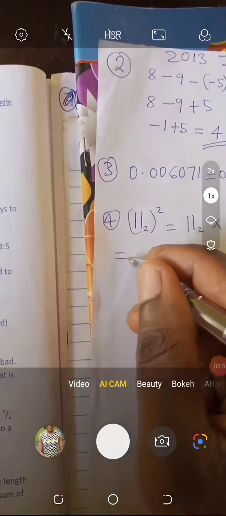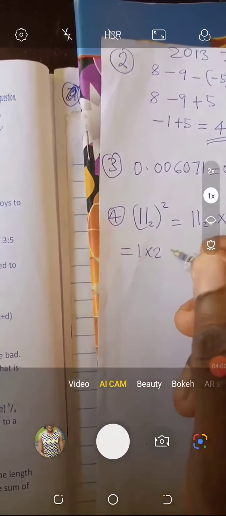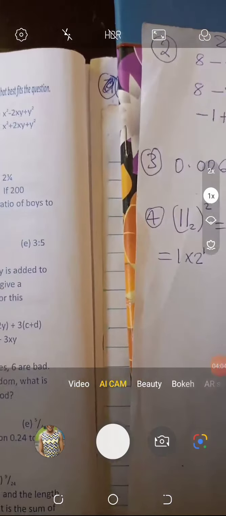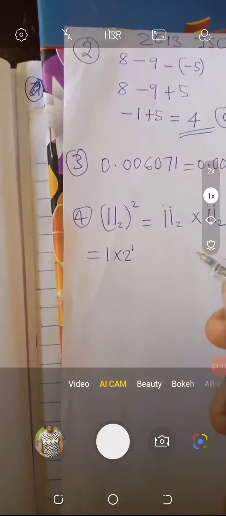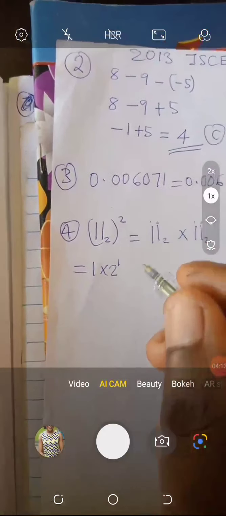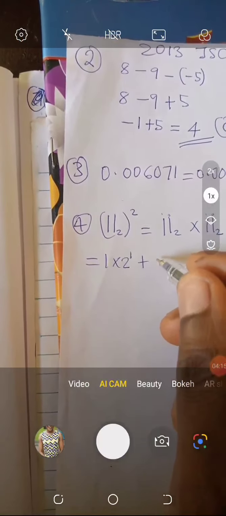So this will now become 1 times 2 raised to power 1, if you put 0 here, you put 1 here. That is what I'm saying. So 1 times 2 raised to power 1 plus 1 times 2 raised to power 0.